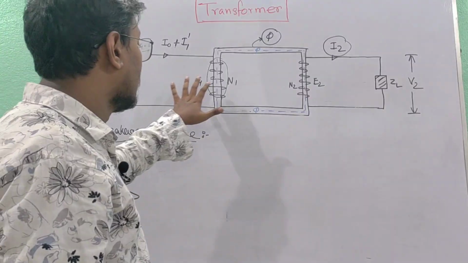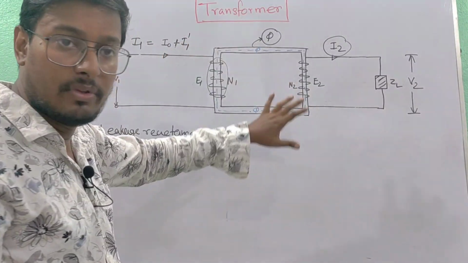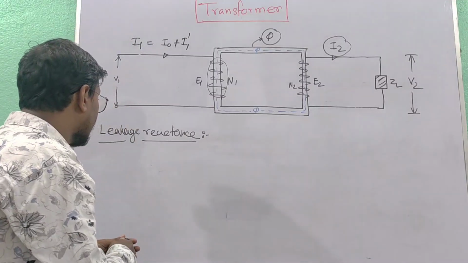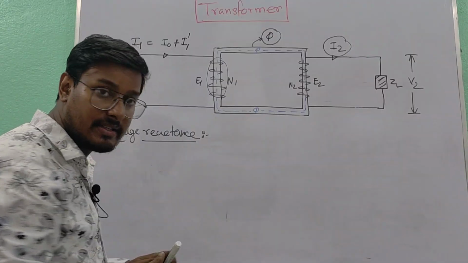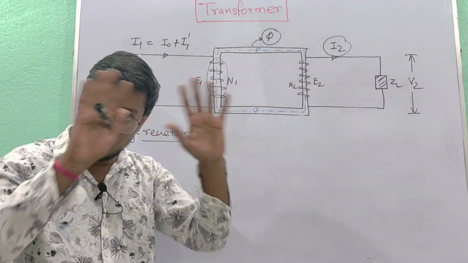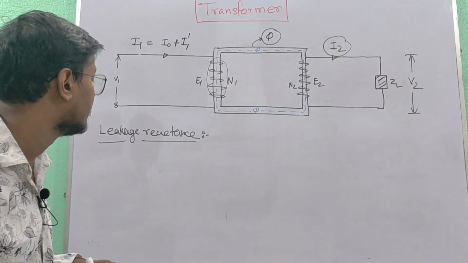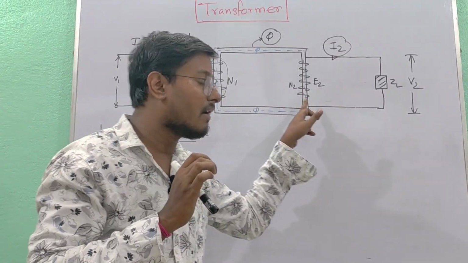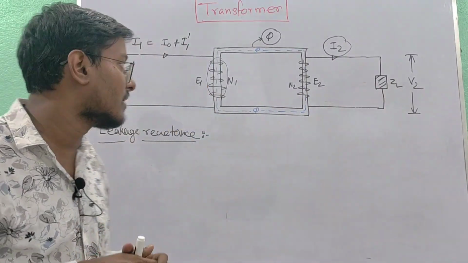That means not all the flux will be linked with both the windings. Few flux will be considered as leakage flux. Leakage flux is nothing but flux which is linked either with primary or secondary, but not with both. That is called leakage flux.